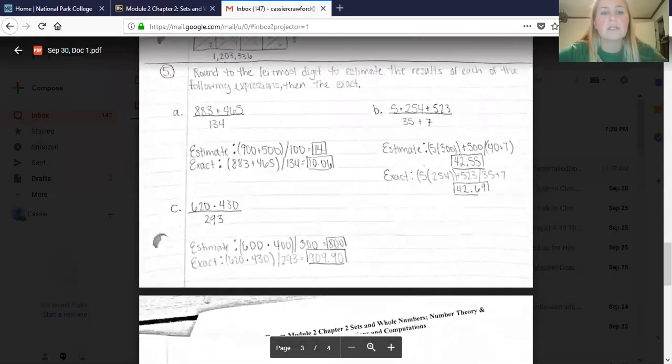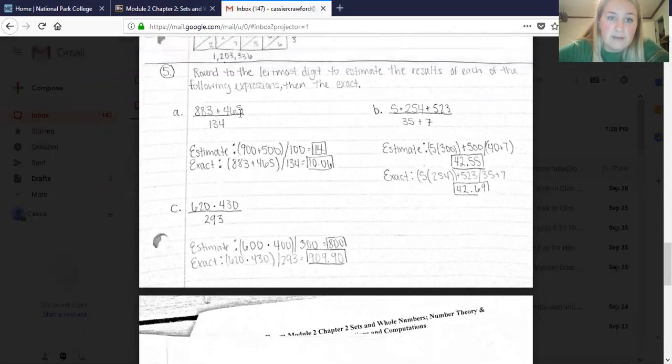So 5 is wanting us to round to the leftmost digit and estimate the results, as well as solve the problem exactly. So for A, we have 883 plus 465 over 134.